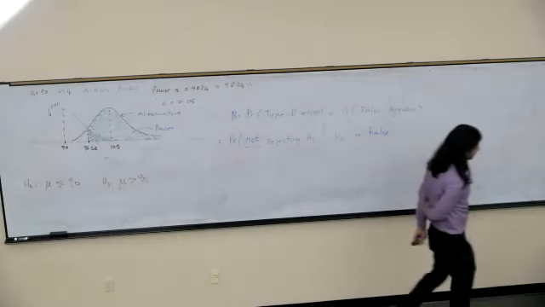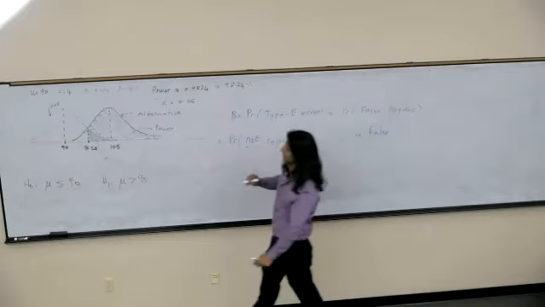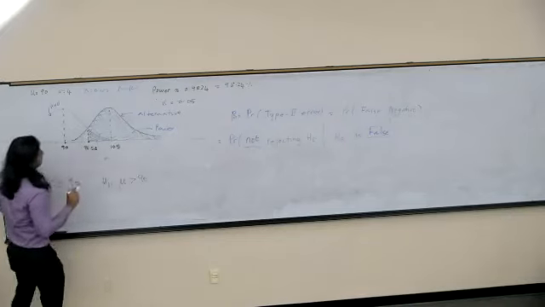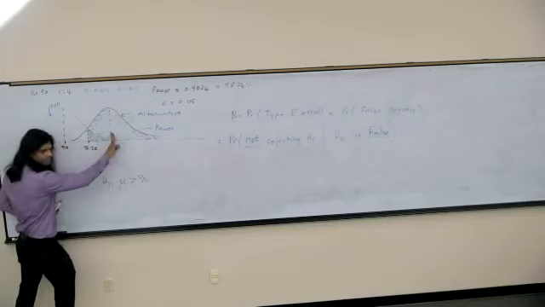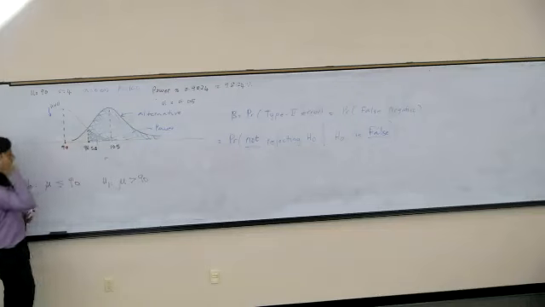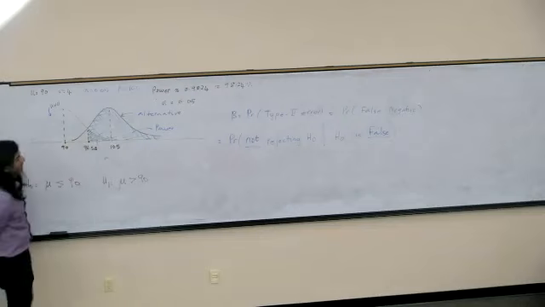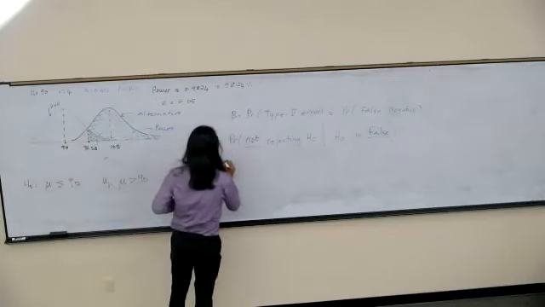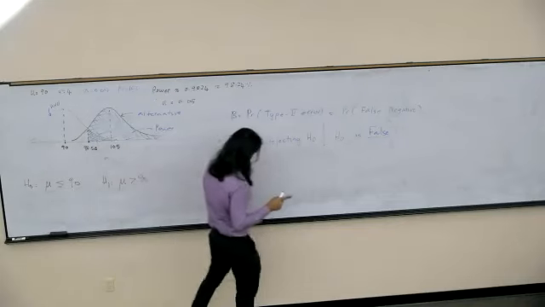So null is false would mean I have to use the curve on the right. Not rejecting will mean I'm not going that way. I'm going this way. Yes. If the null is false, the probability of not rejecting the null can also be found using normal CDF.